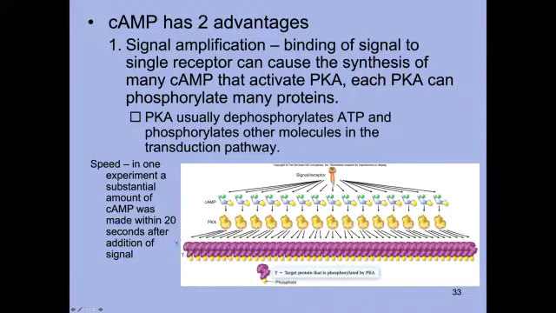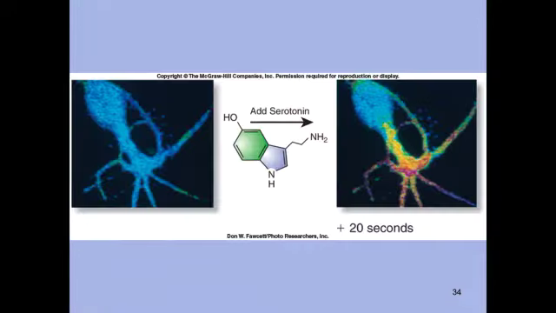Now, the second advantage here is speed. How fast can we get a cell to do something if we amplify the signal intensely? There was an experiment done where they were able to measure enough cAMP after 20 seconds to read a signal.